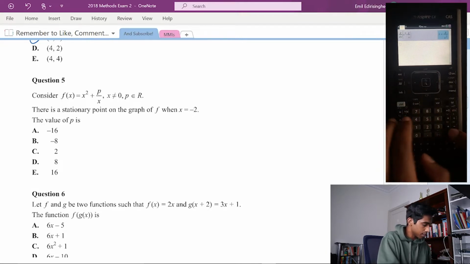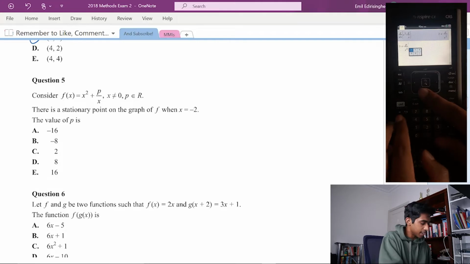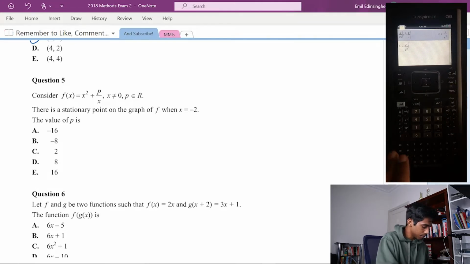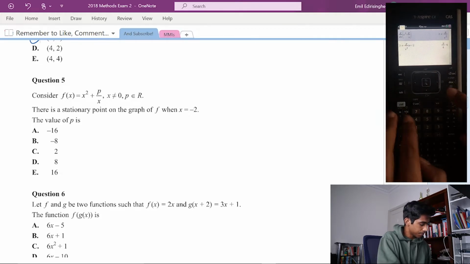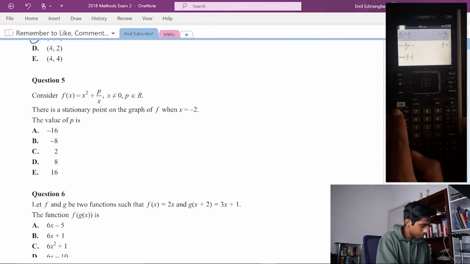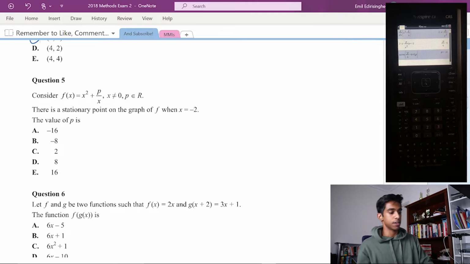That gives us that. Now I'll do given that x equals -2, and then we'll solve this for 0 equals 0, comma, p. That gives us p equals -16.